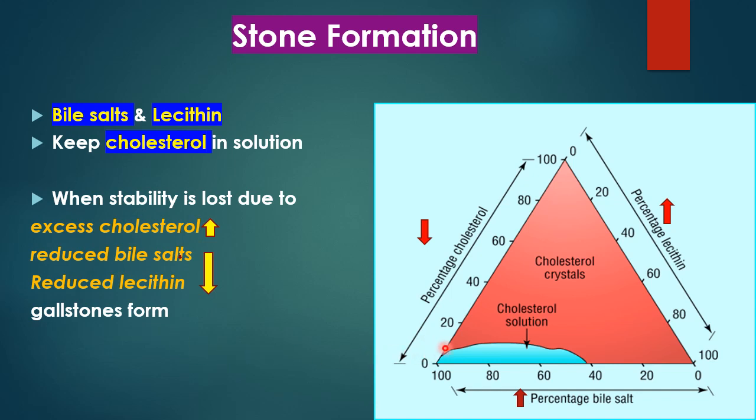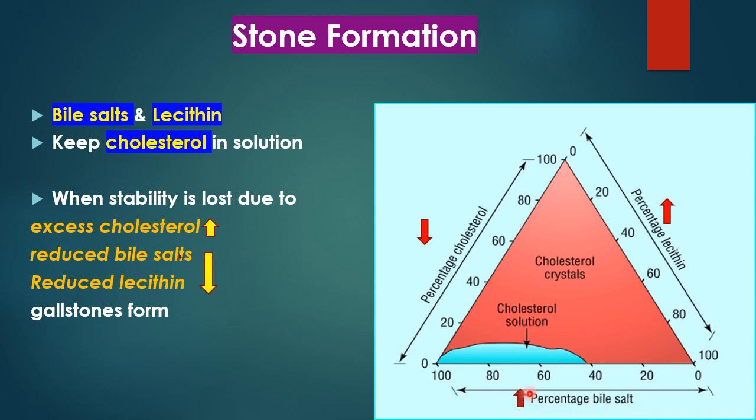This is clearly demonstrated in this graph here. The bluish or blue shaded area is the area where the cholesterol is in solution, so no stones form. Whereas the larger area, red in color, is the region known as the lithogenic zone, where cholesterol tends to form stones. This is dependent on the cholesterol percentage, the percentage of lecithin, and the percentage of bile salt.